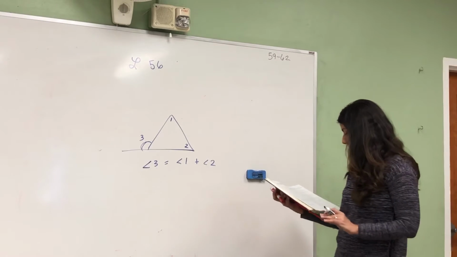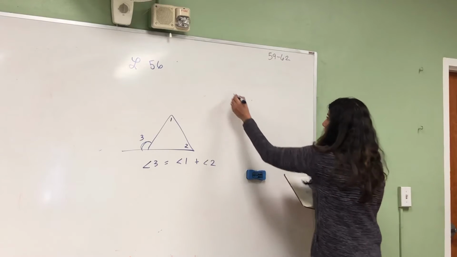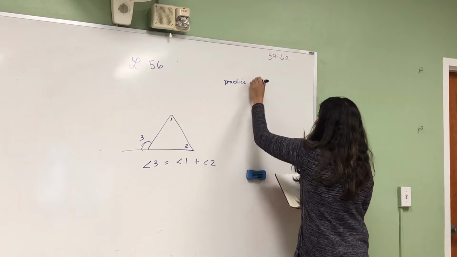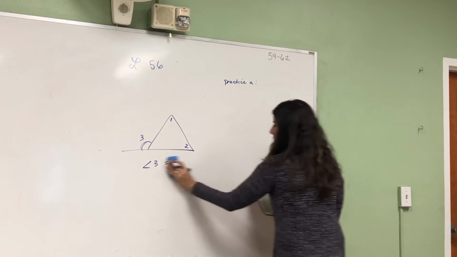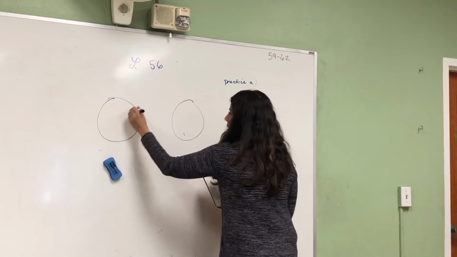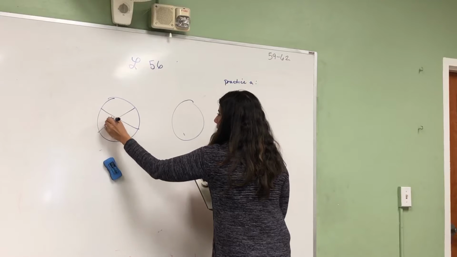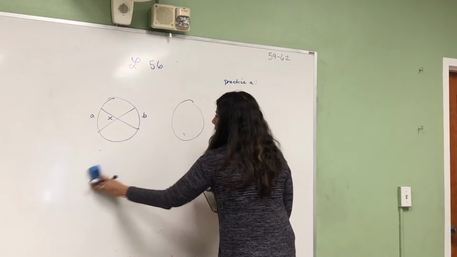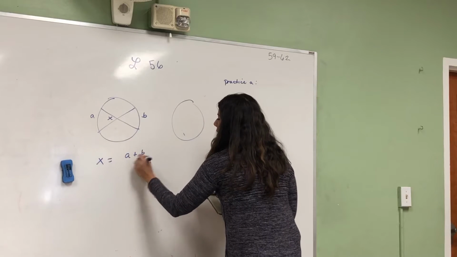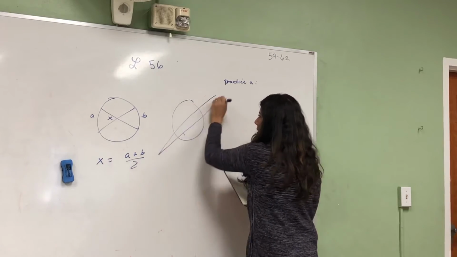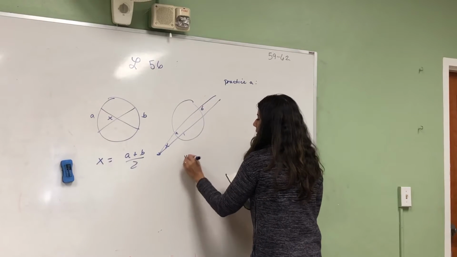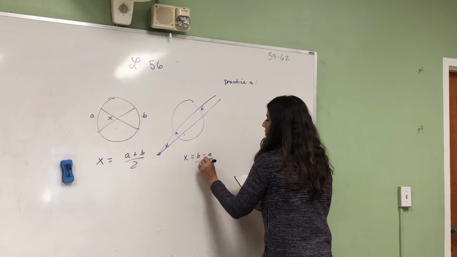And you can just write that down. So looking at practice problem A, I wish I didn't erase the other pictures, but I guess we can do them real quick here. X equals A plus B over 2, and then X equals B minus A over 2.